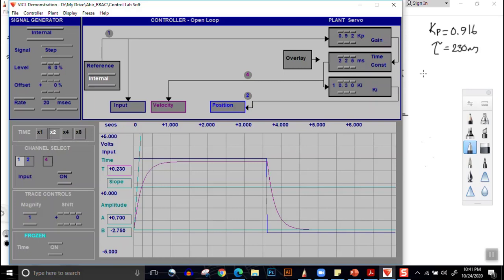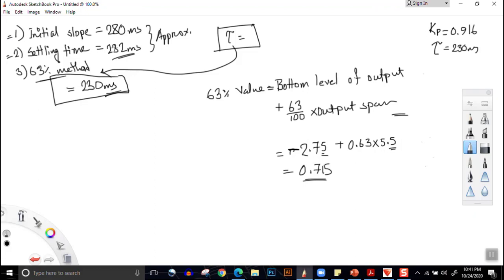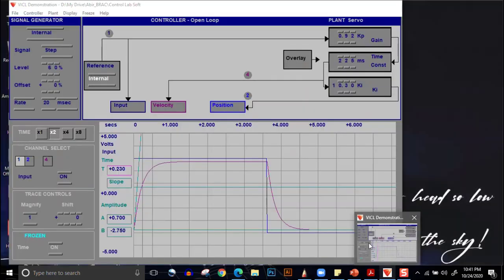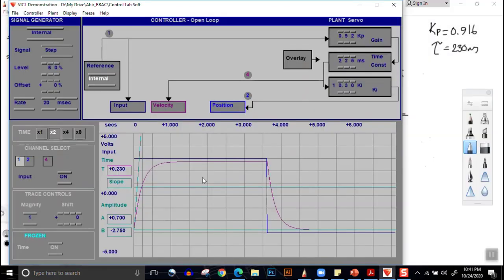After modifying these values, you'll find out the time constant and gain, and you'll see whether the time constant and gain that you found match with the values you have put here. Okay, so there goes the discussion about your report. And this is the second part of the first experiment, measuring the time constant.